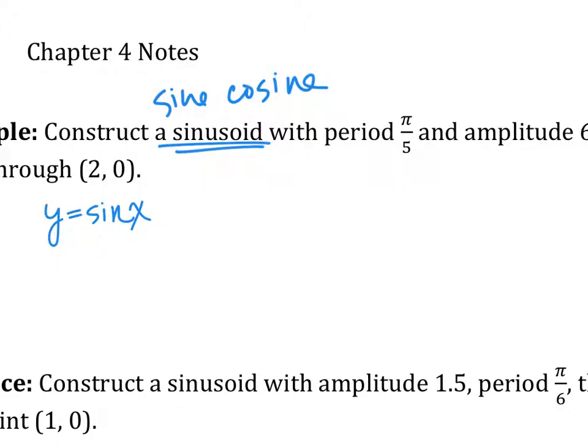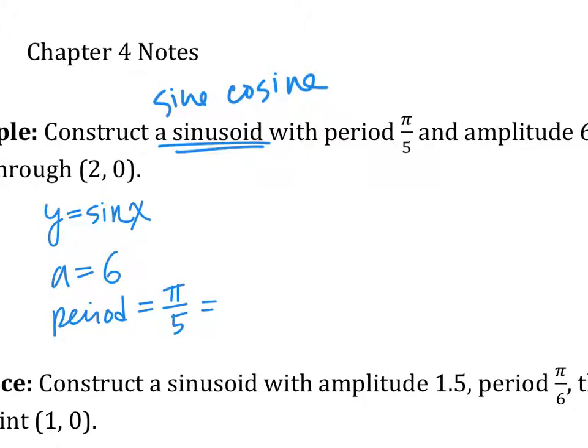So we're doing the same thing. Okay, first it says the amplitude is 6. What does that mean on my equation? 6 is what? First. Before the sine. Okay, so A is 6. Period is pi over 5.